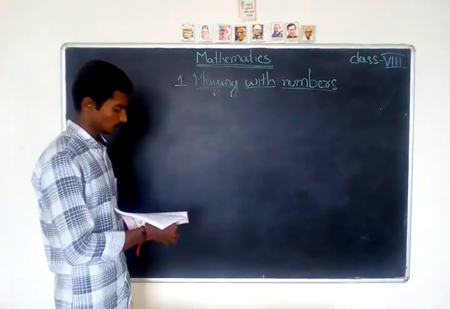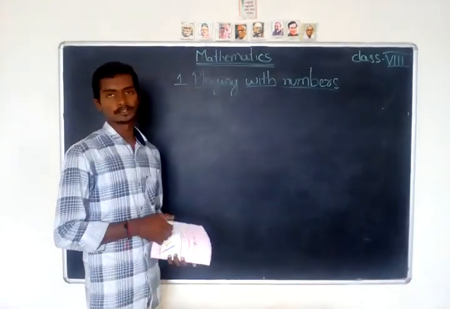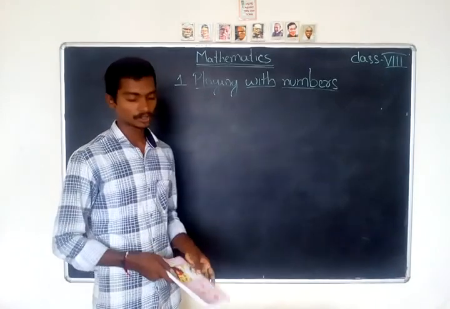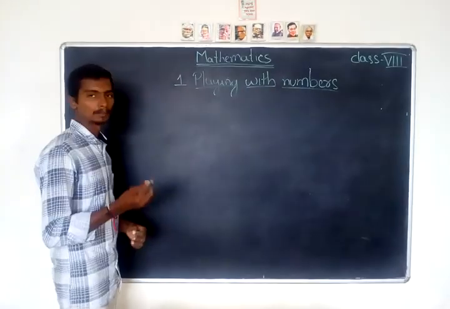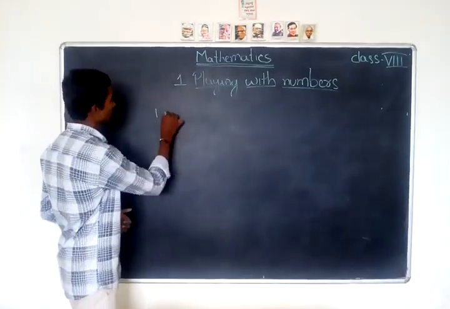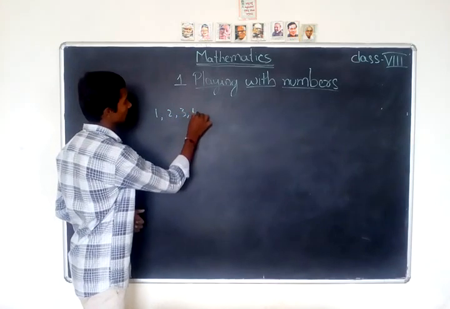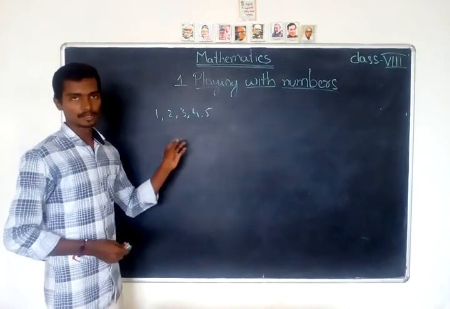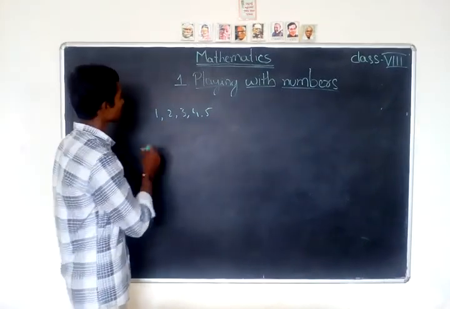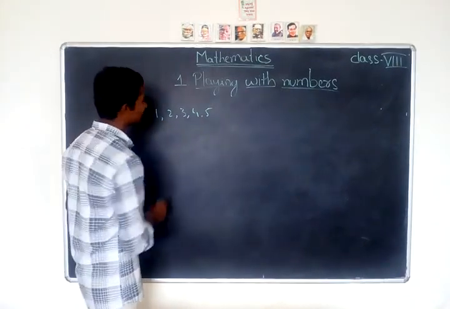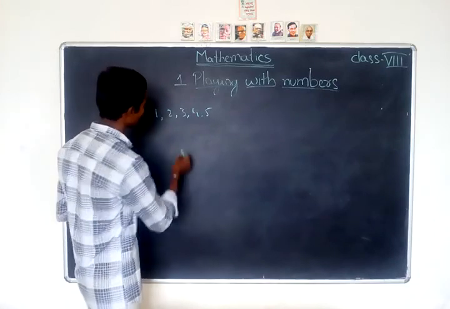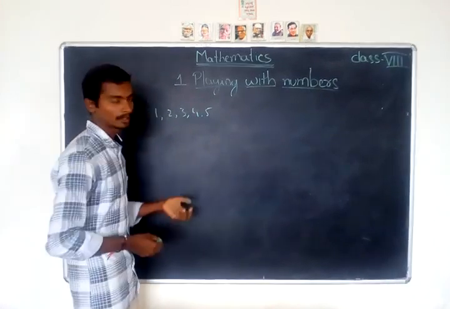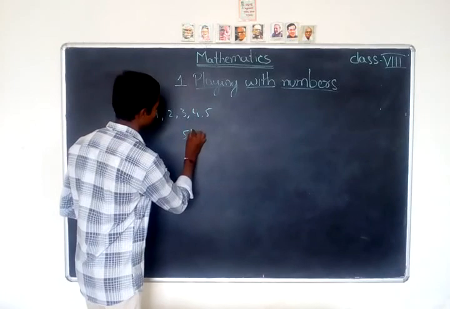Okay, the next topic is alphanumerals. What are alphanumerals? You know normal numbers like 1, 2, 3, 4, 5. These are normal numbers. Okay, and a two-digit number can be written like this, like we take any number, that is 54.